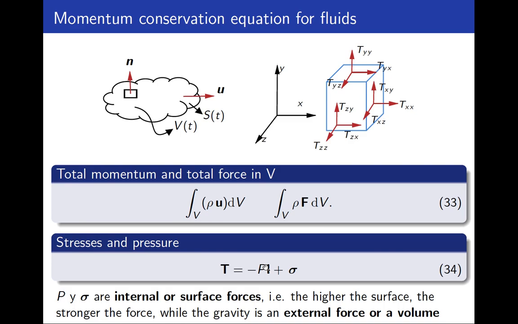So if the fluid is at rest, the total stress is going to be the equilibrium pressure. This I is known as the identity tensor. So stresses are going to only appear in the diagonal elements of the matrix.